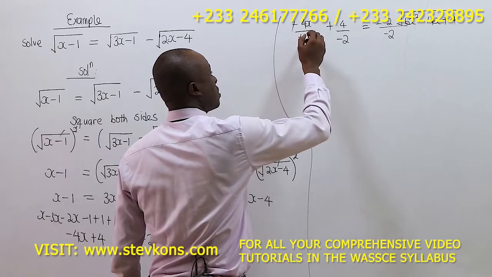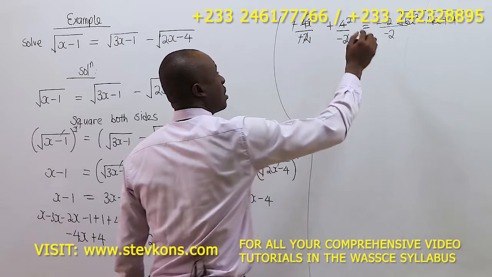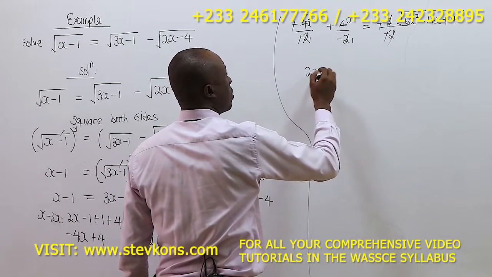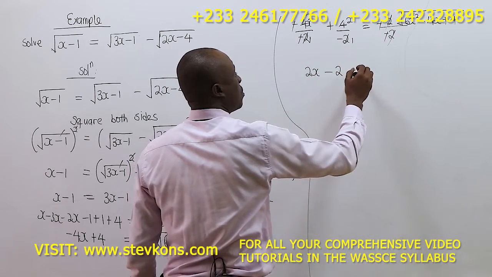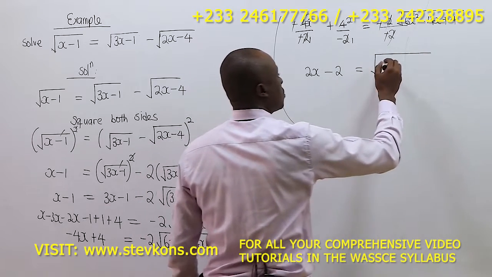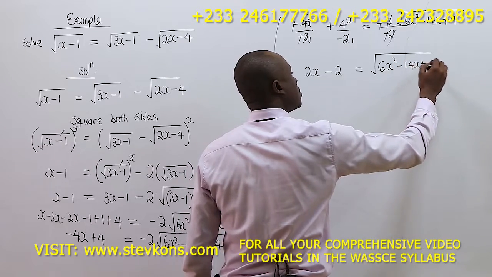Now this and this cancel, 2 get 1, 2 get 2, and this cancels that. So we have 2x minus 2 equal to root of 6x squared minus 14x plus 4.